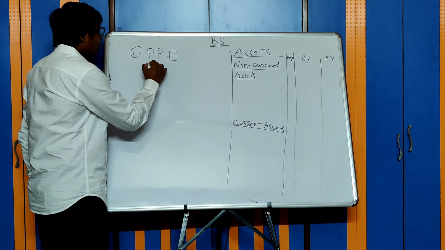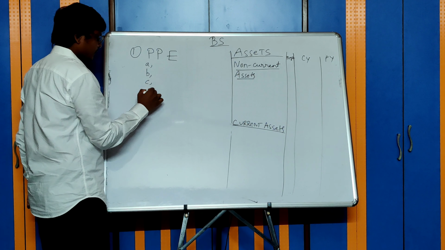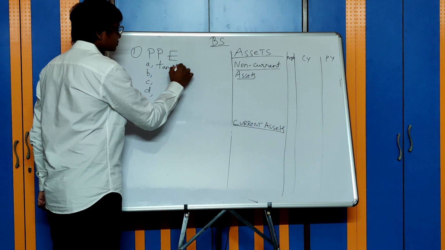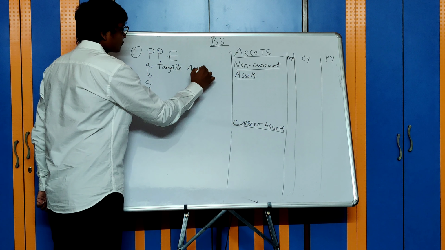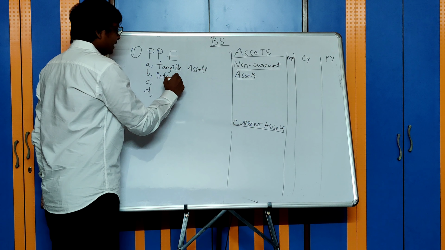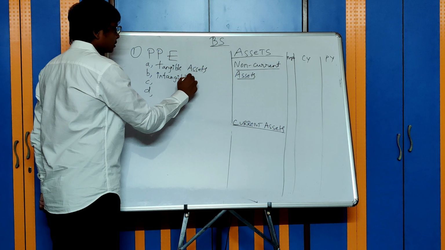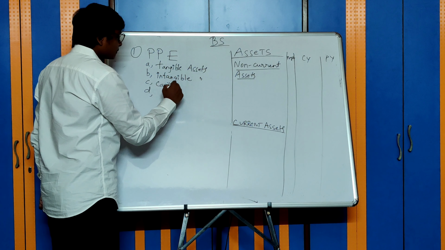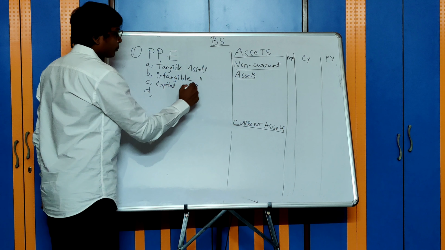Under this we have 4 items. First is tangible assets. Second is intangible assets. Third is capital work in progress.